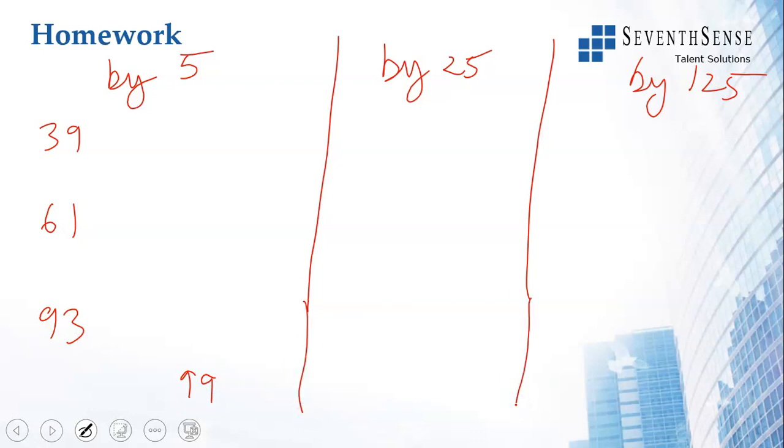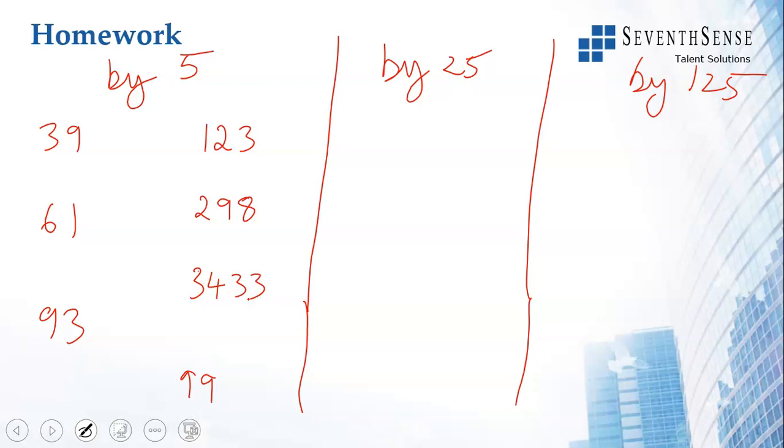Okay, by 25. So this multiply by 5. For 25 you do, okay, we need some 3-digit numbers also, right? 123, 298, 3433. You do for all of these problems for 25.